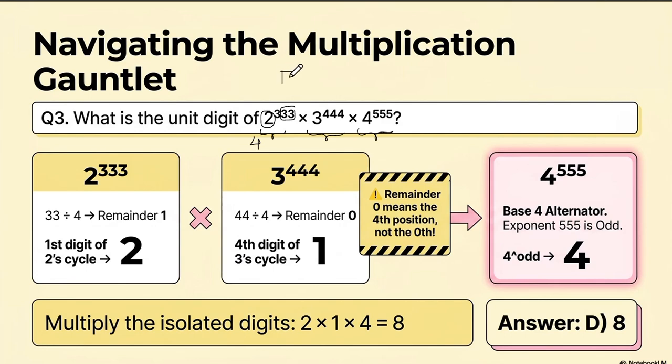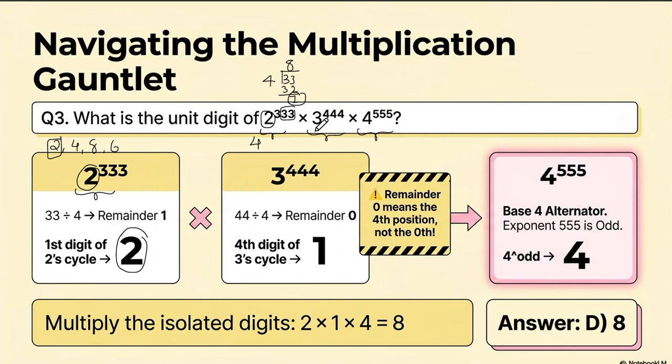Divide 33 by 4. 4 eights are 32, so the remainder is 1. If the remainder is 1, then it is the first number of the cycle. The cycle of 2 is 2, 4, 8 and 6, so the first number is 2. So the unit digit of 2 raised to 333 is 2.